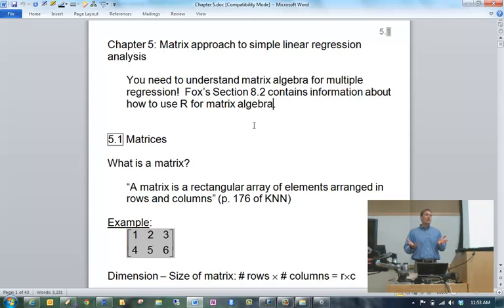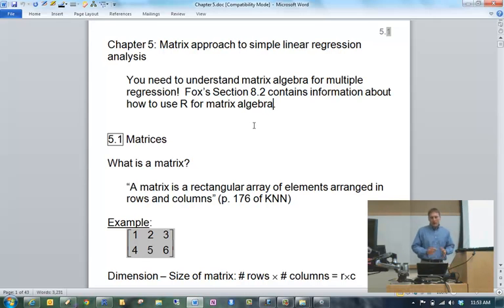For some of you, this is going to be quite simple. Others of you, this might not be. But for probably all of you, how to do matrix algebra in R will be new.